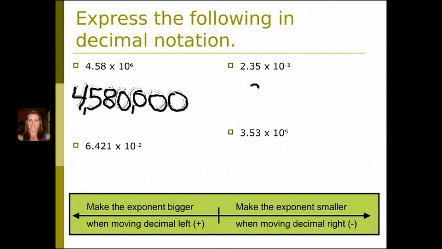So if I write my 2, 3, and 5, I see that my decimal was right here, and if I move it 1, 2, 3, and I put it right here and fill in with zeros, my number would then be 0.00235.